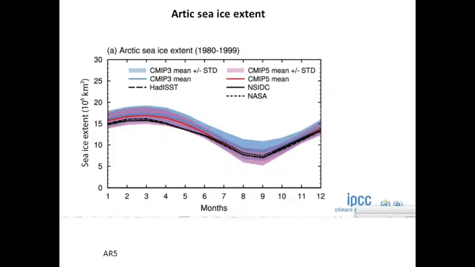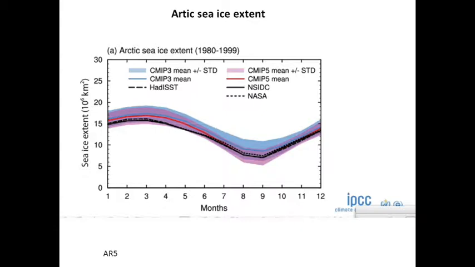Now the sea ice extent, that is an important thing to know if the models can represent well, because we know that with climate change, with the warming of the atmosphere, the sea ice of the Arctic is reducing, and we need to know if the models are doing well with these projections.